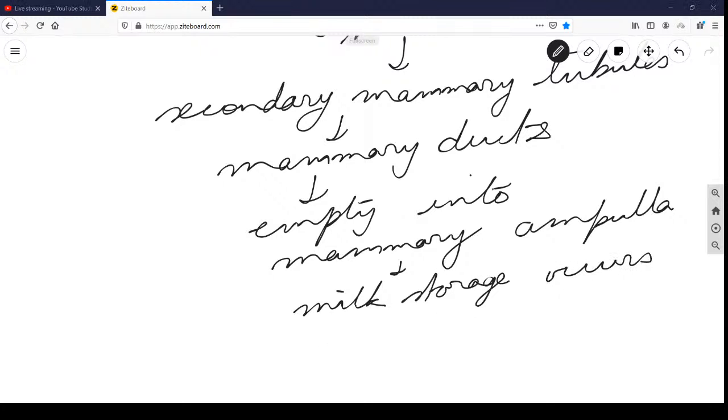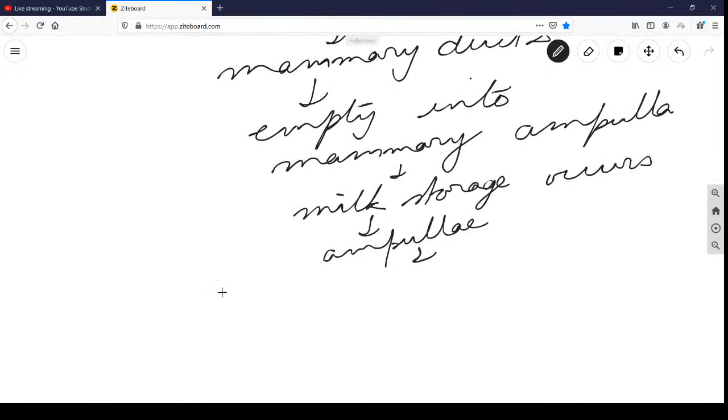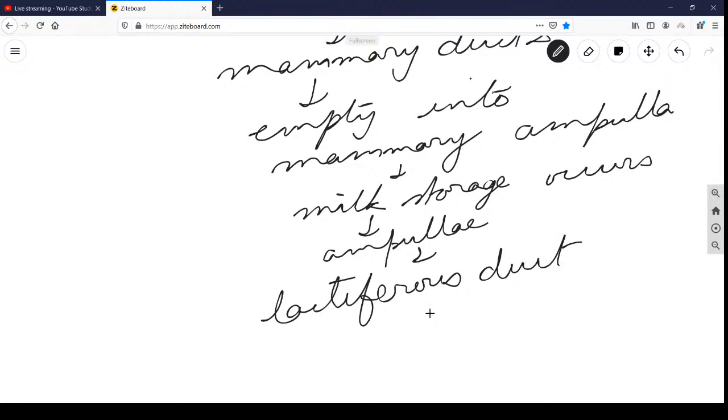After this, the ampullae then empty into the lactiferous duct, which then opens into the nipple.